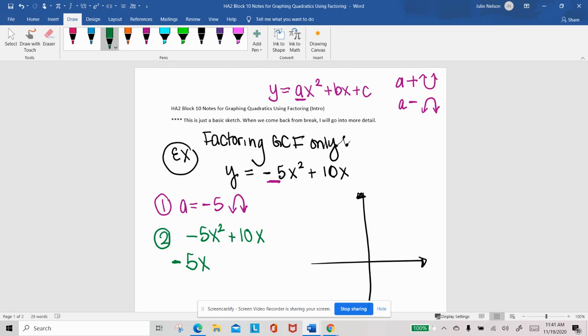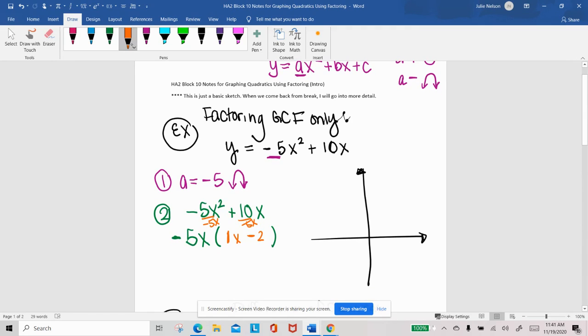When it starts with a negative, you always want to factor out a negative. So what's left when I divide by negative 5x? Well, negative 5 divided by negative 5 is 1. X squared divided by x is x. 10 divided by negative 5 is negative 2. And x divided by x, they cross out.